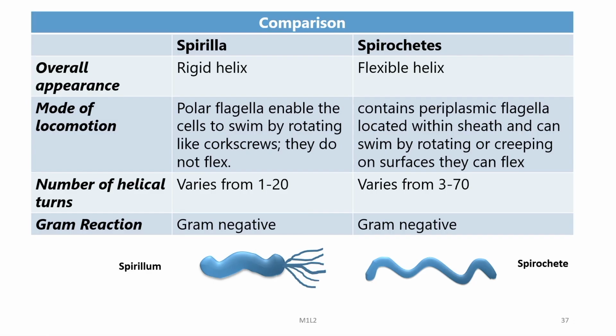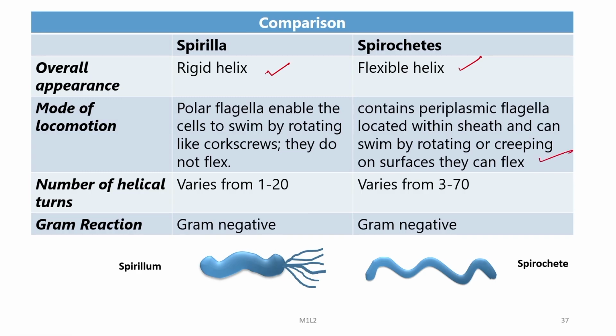Now, if you compare Spirilla and Spirochetes, the overall appearance is a rigid helix in Spirilla and a flexible helix in Spirochetes. As for the mode of locomotion, in Spirilla there are polar flagella, that is, the flagella are on one side, enabling the cells to swim by rotating like corkscrews. They do not flex. Spirochetes contain periplasmic flagella located within the sheath and can swim by rotating or creeping on surfaces.